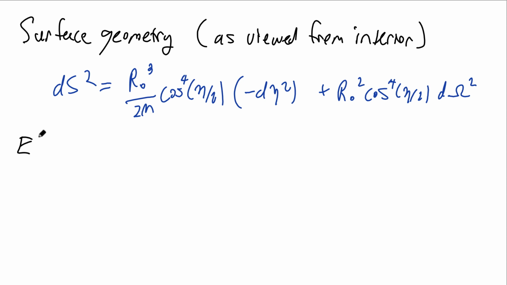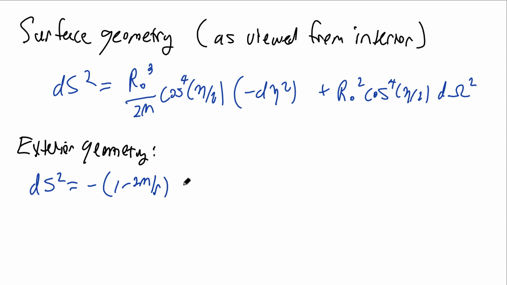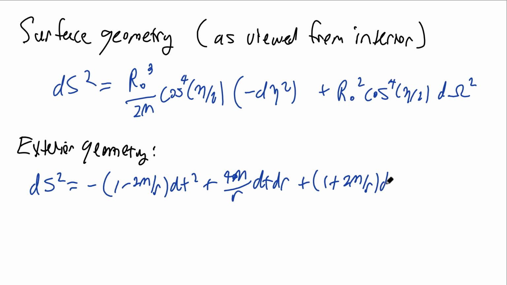Now the exterior geometry is just Schwarzschild, and remember we've been using Curvature coordinates, so the line element is minus 1 minus 2m over r dt squared plus 4m over r dt dr plus 1 plus 2m over r dr squared plus r squared d omega squared.